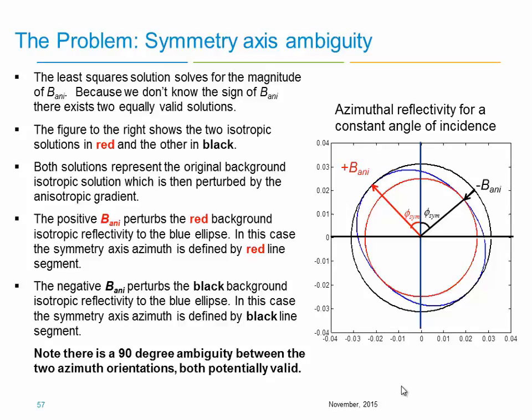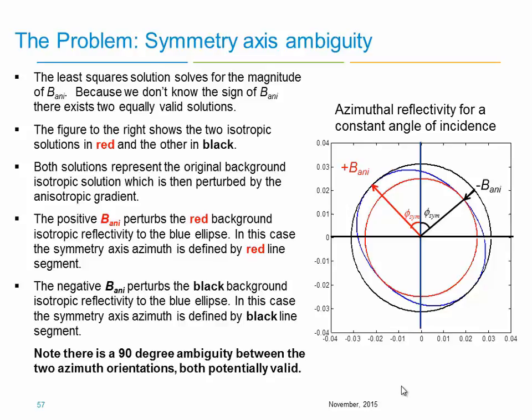You essentially have a positive perturbation, and the symmetry axis then corresponds to the major axis of the ellipse. The problem is if the anisotropic gradient is negative, and we're going from this black circle to the blue ellipse, in that particular case the symmetry axis is the minor axis. So your orientation can change depending upon the sign of B ani.